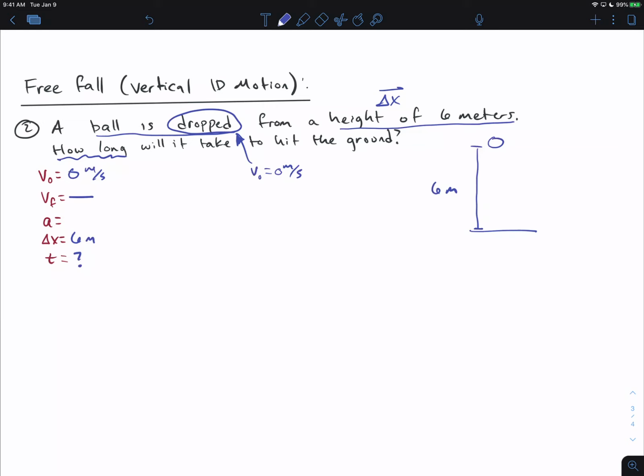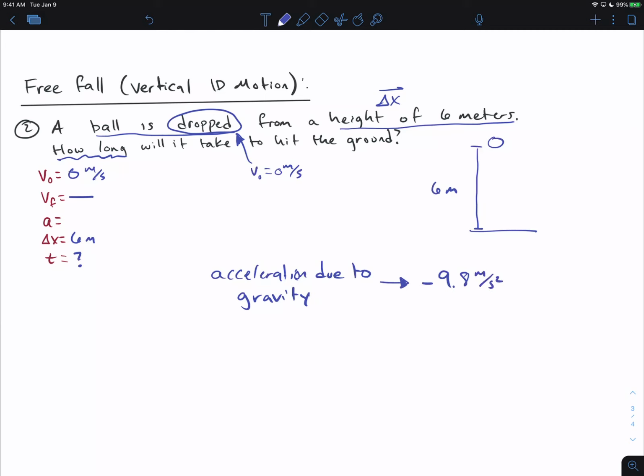And we're going to define that here as acceleration due to gravity. Super important, this is negative 9.8 meters per second squared.